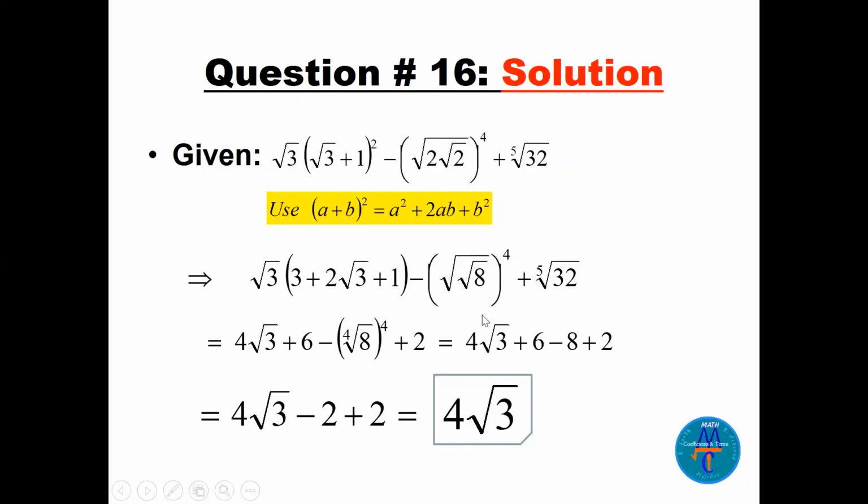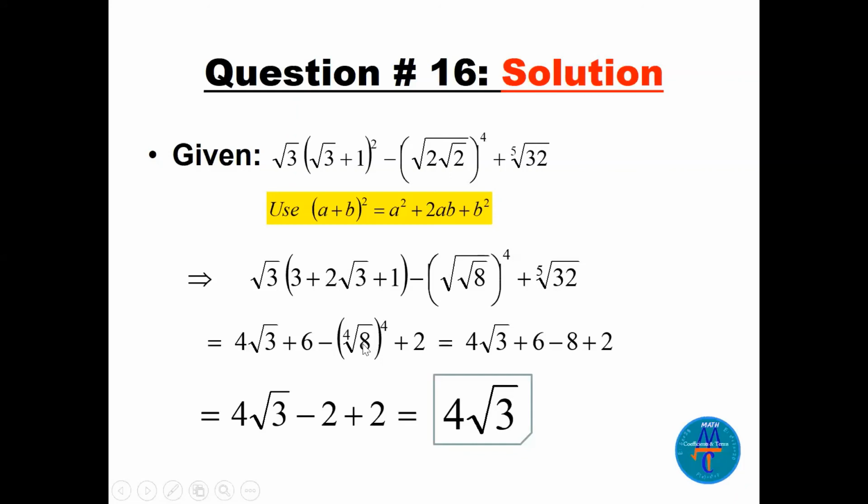We know that, 2 power 5. This one we add here. 4 plus 1, that's easy. 4 plus 3 plus 1 is 4 times this one, 4. And this one, square root of 3 is 3 times 2, that's 6. And this one, multiply the indices, 4th root of 8 to the power 4 plus 2. This is the 5th root of 32.